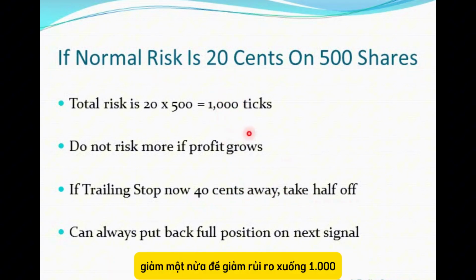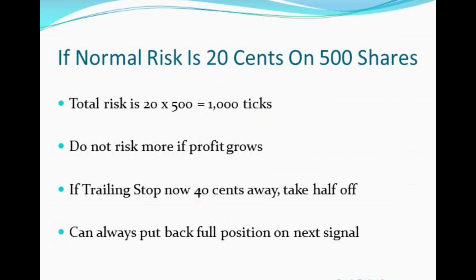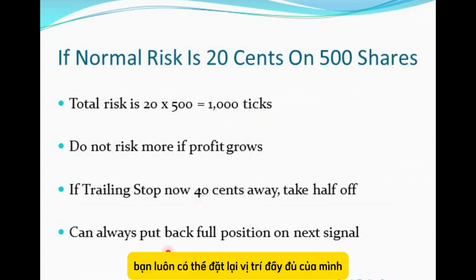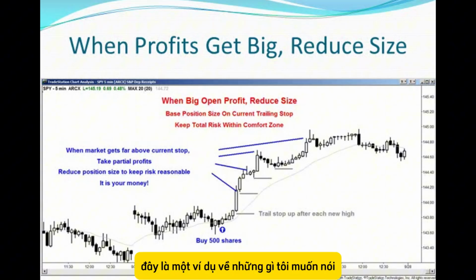Take half off to get your risk back down to 1,000. You can always put the other half back on during the next signal. But at the moment, your risk is 2,000 ticks, and your maximum risk is 1,000, so you have to take half off. Here's an example of what I mean.